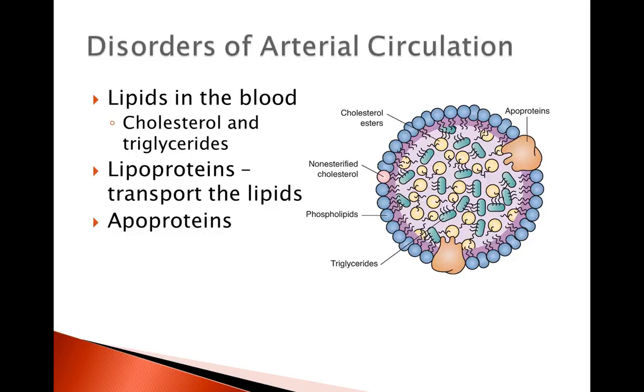Okay, so within the lipids in the blood, we are really dealing with cholesterol and triglycerides. They are insoluble, meaning they don't dissolve in plasma, and they have to be carried by transport proteins. Think about the nature of our cell membranes: they're made of phospholipids, they're lipid-loving.